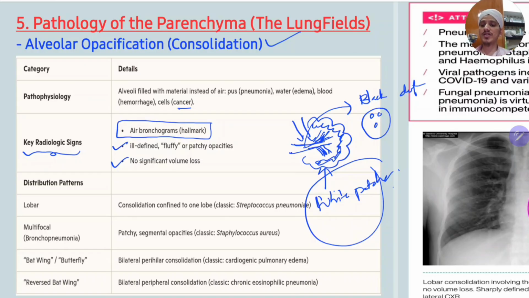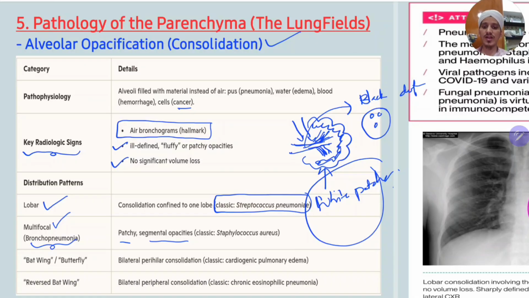Depending upon the distribution, we classify this consolidation. If it is confined to a lobe, then it is lobar consolidation, commonly seen in Streptococcus pneumoniae infection. If it is multifocal, not involving a single lobe but with patchy involvement of different lobes, then that is known as bronchopneumonia, and you can see patchy segmental opacities in the X-ray of these patients.